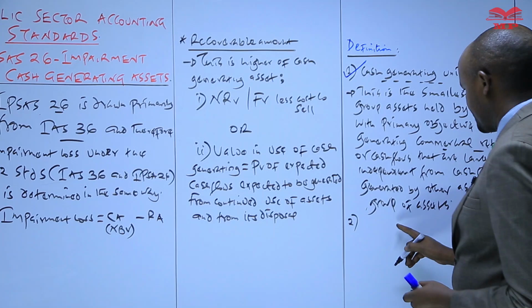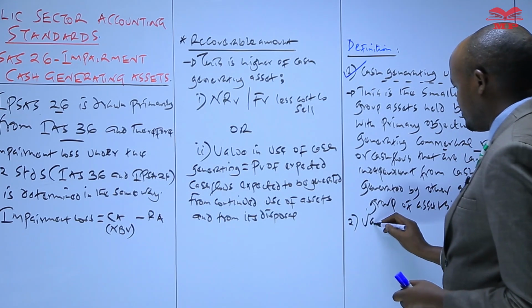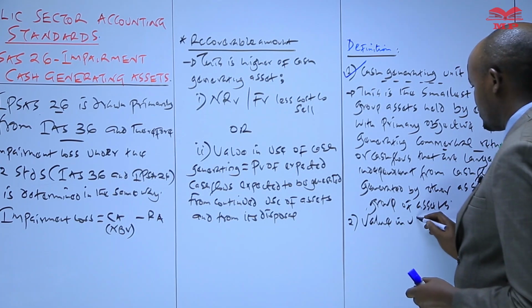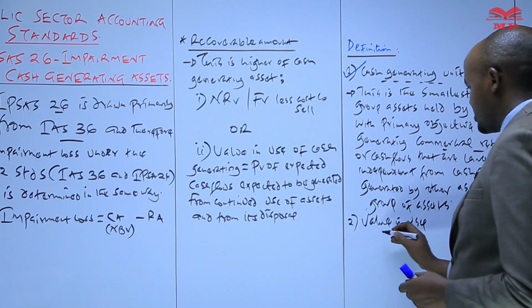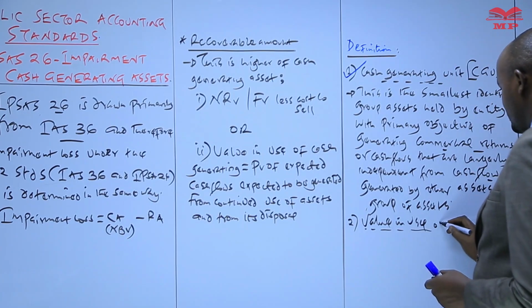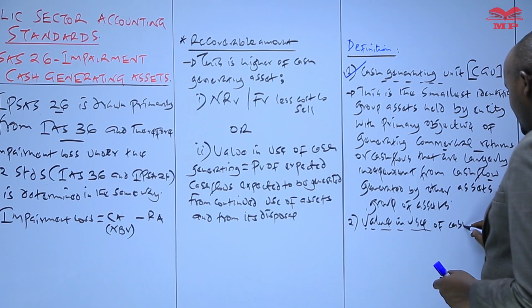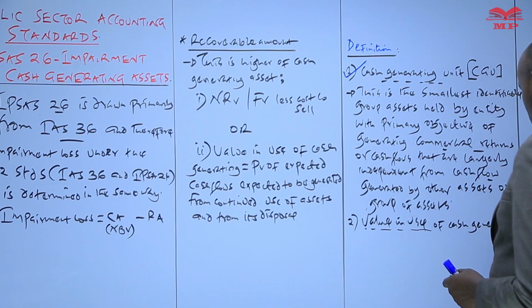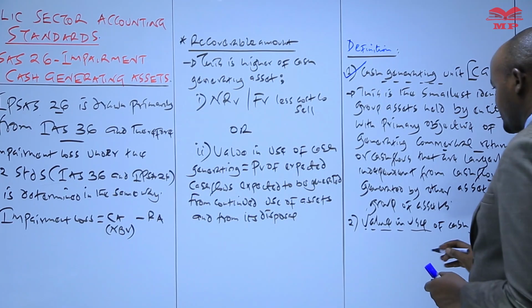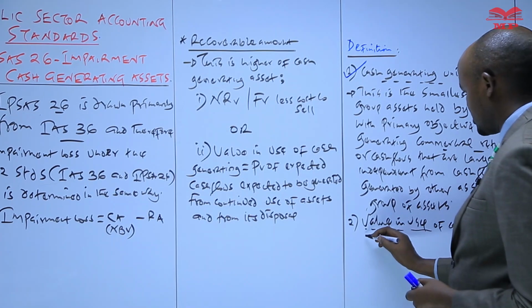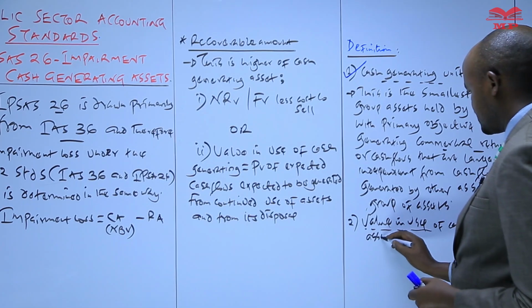The other term we also need to define here is the value in use, although I think we have briefly mentioned that. So we define the value in use of a cash generating asset.